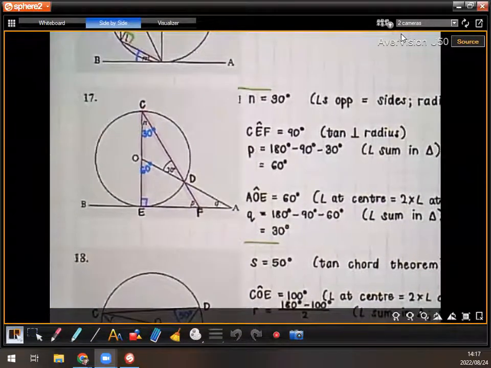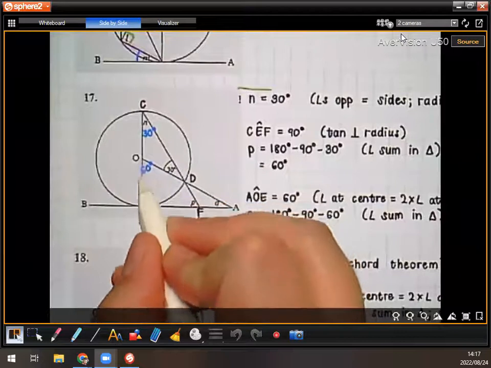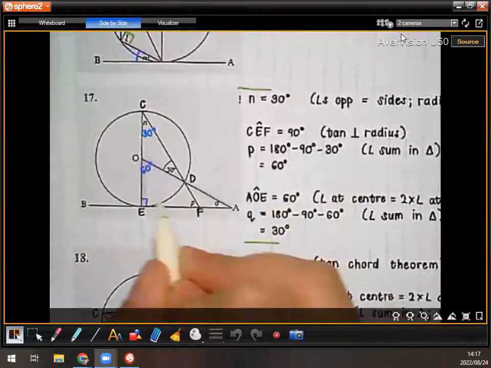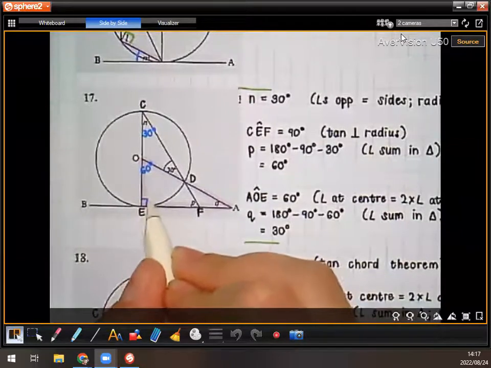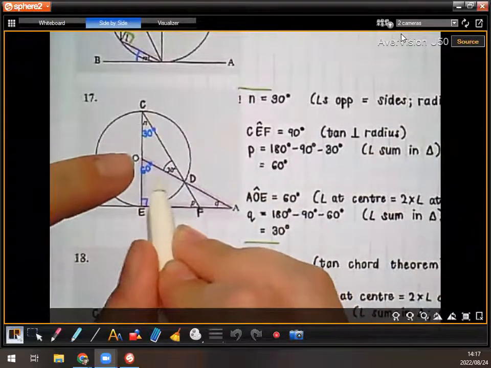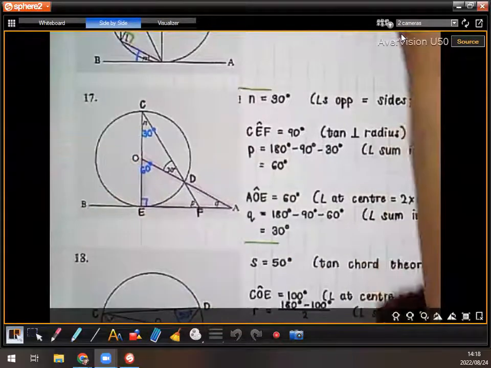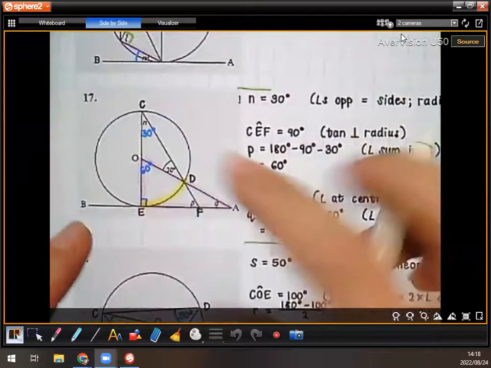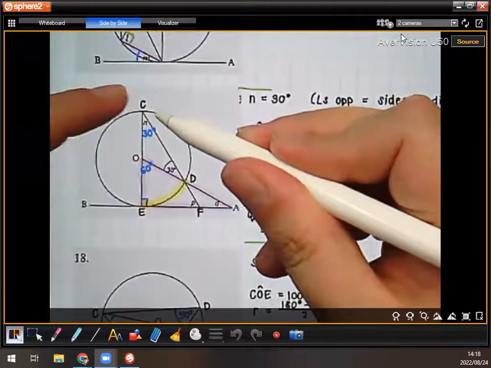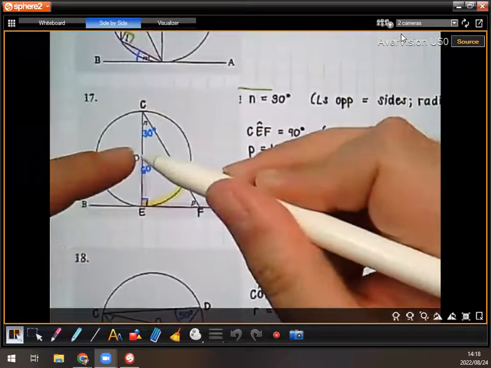And then for the next one, I worked with this triangle to get Q. So I saw okay, I have that 90-degree angle. Are we all okay with this angle being 60? Because if we look at this arc, that arc is subtending 60 degrees at the circumference. So at the center, it will have to be doubled.